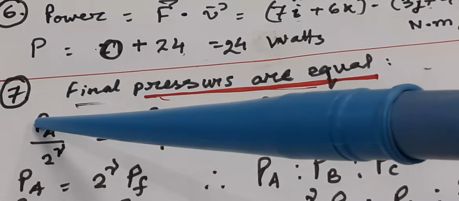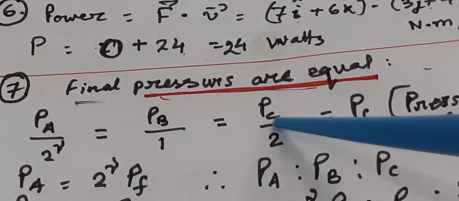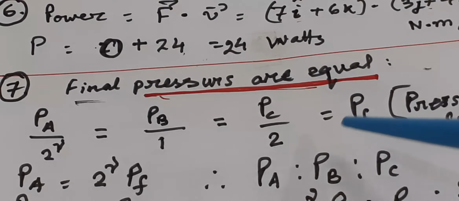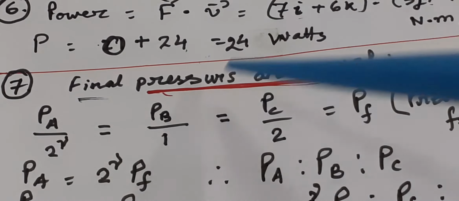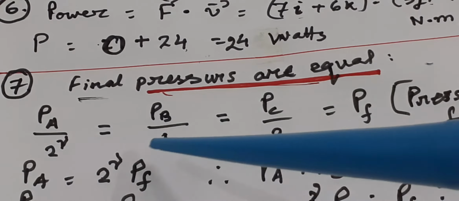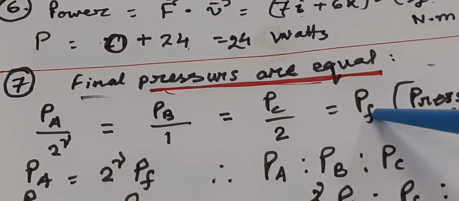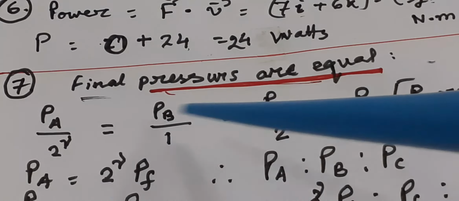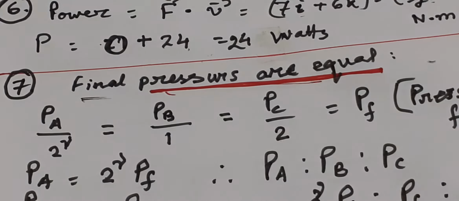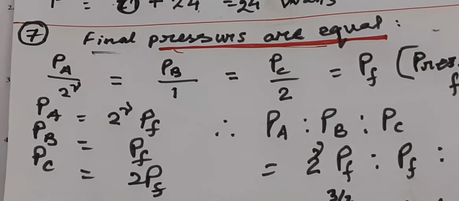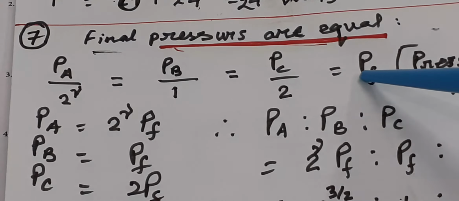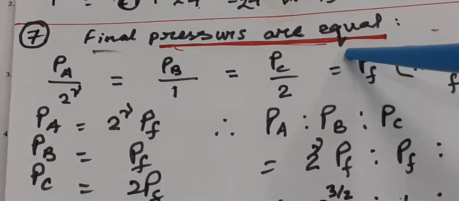That means the initial pressures for the first, second and third gases are available in terms of PF.